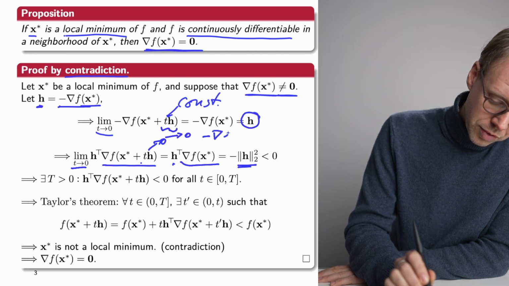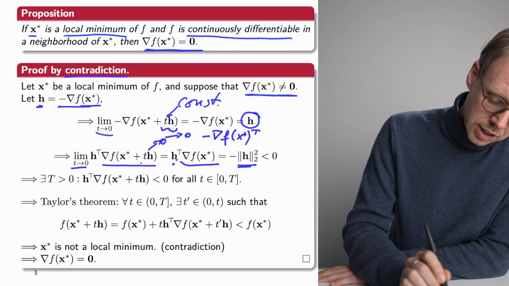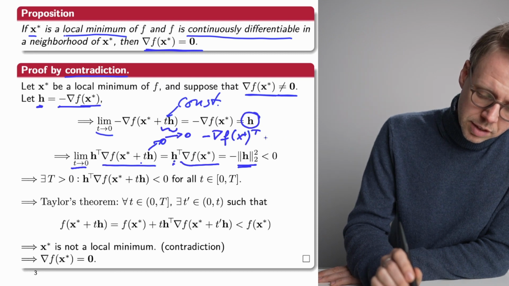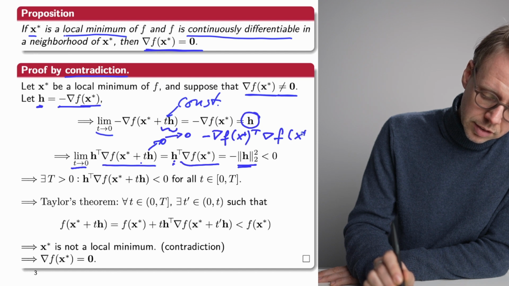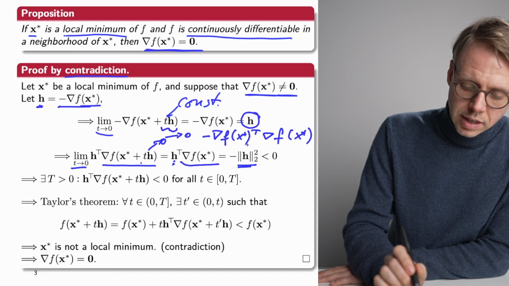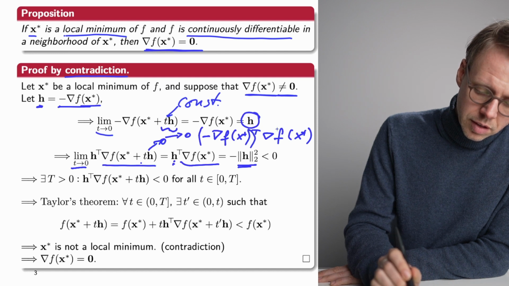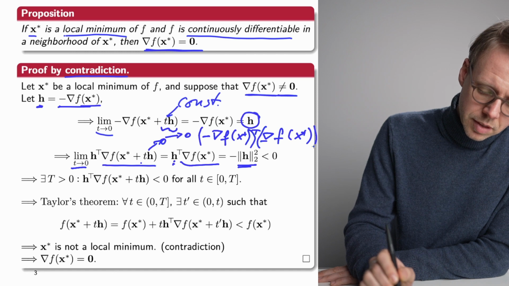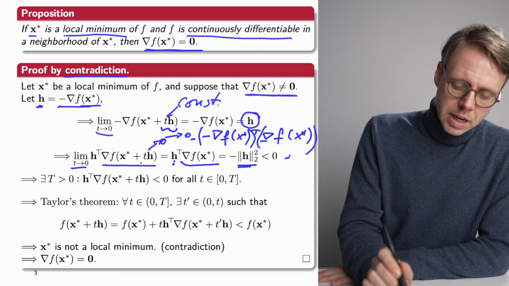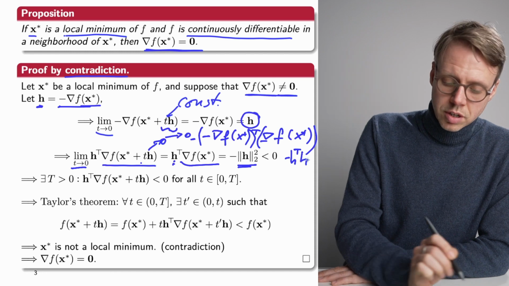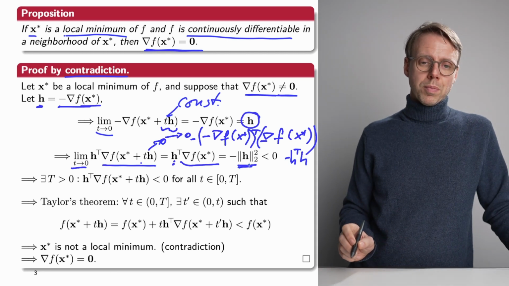Minus gradient of f at x star transpose, that's our h, times the gradient of f at x star, which is minus h, but of course we can now negate this term and put the minus in front, which means we have minus h transpose h, which is the same thing as saying that this is minus the squared L2 norm of h.